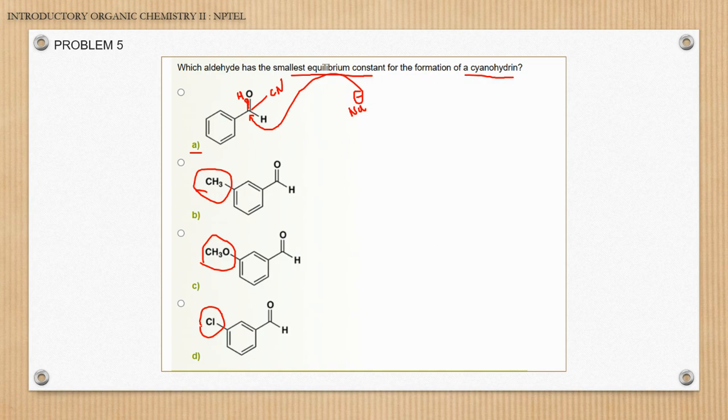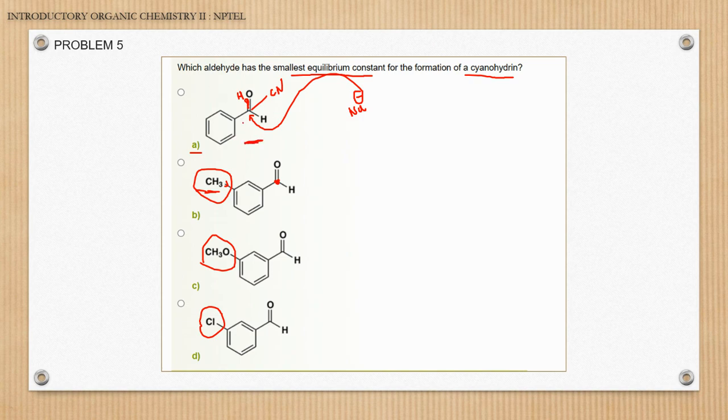So which is the electron withdrawing group and which is the electron releasing group? Here methyl is connected, which is somewhat electron releasing. So it will give the electron density to this particular ring. If it is conveying the electron density, what will happen? This carbonyl carbon is now not that much electrophilic, compared to case A.